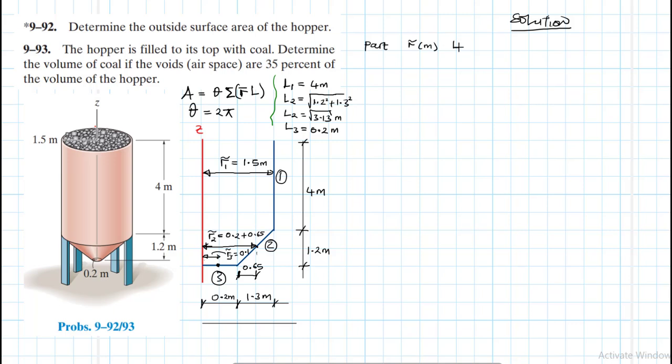Then we have L, which is the length, and then we have the product, but we don't forget the angle. So multiply by 2 pi R L, and this one is in square meters.